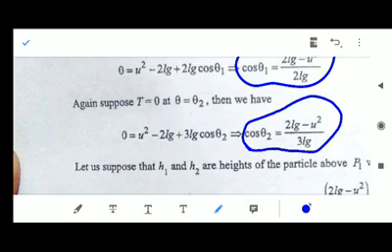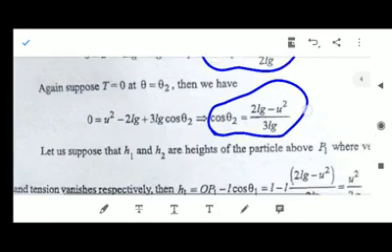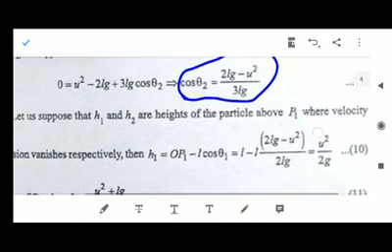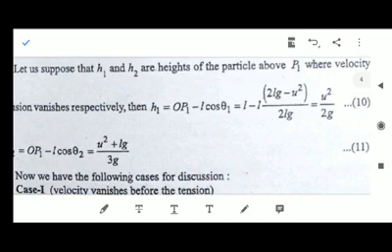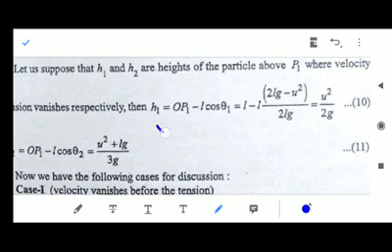Now let's suppose h1 and h2 are the height of the particle above the point P1 where velocity and tension vanish respectively, then h1 will be OP1 minus L cos theta 1, and putting the value of theta 1 we get this thing, h1 will be u square upon 2g. तो ये एक्सप्रेशन भी आपको लर्न करना पड़ेगा.